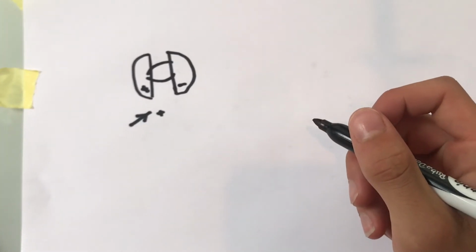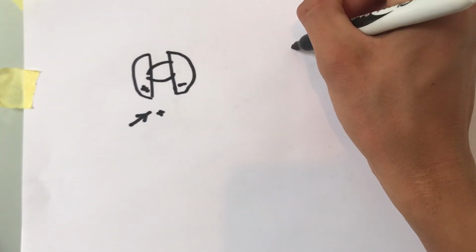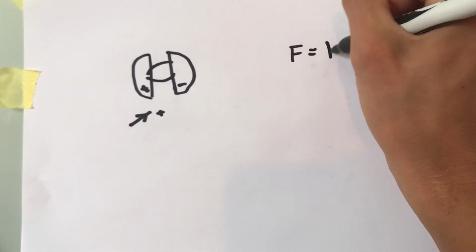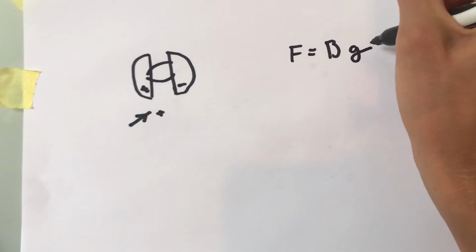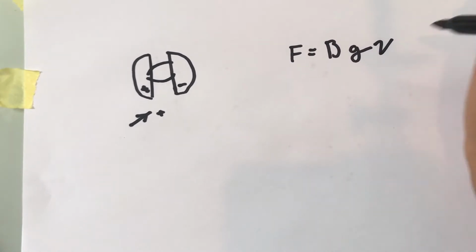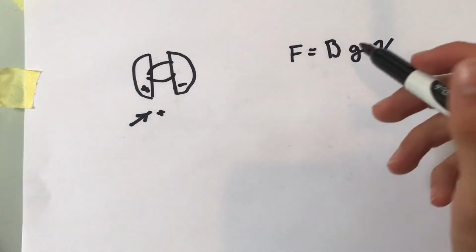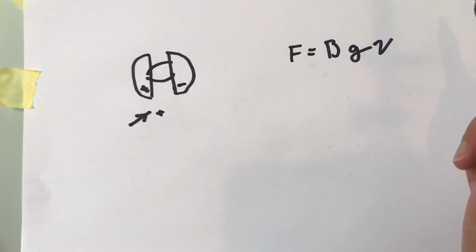So the force for this field can be described as F equals B Q V, where B is the magnetic field, Q is the charge of the particle, and V is, of course, the velocity.